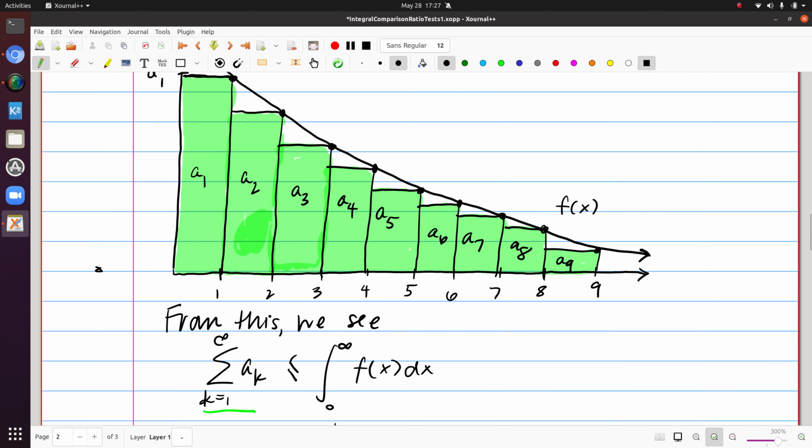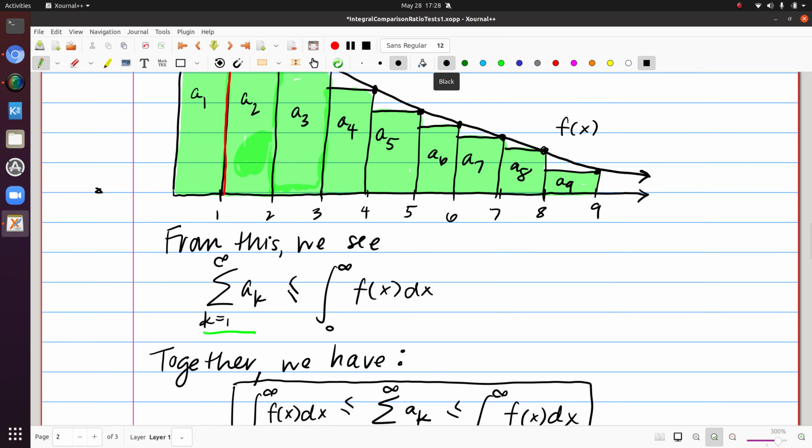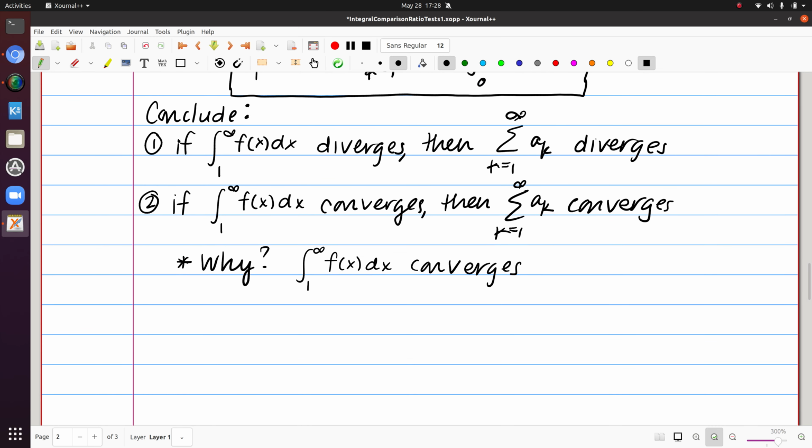let's scroll back up to my picture. The integral from 1 to infinity would look at the area that actually kind of ignores that first rectangle. But if I tell you that the area to the right of this red line is finite, what you should be able to say is that the sum from 2 to infinity for these rectangles has to be finite as well. So that tells me that the sum from 2 to infinity converges.